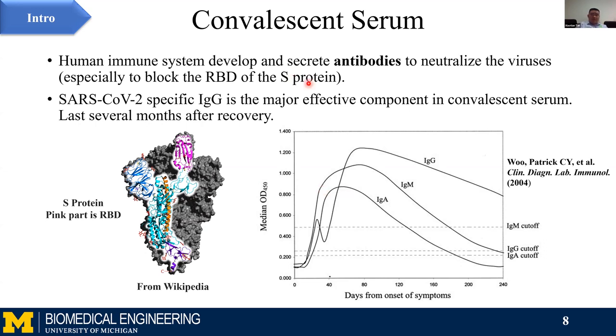And in the convalescent serum, SARS-CoV-2 specific IgG, especially S1 or S1 RBD specific IgG, is a major effective component. It will last several months after the recovery. So we can use IgG as a therapeutic agent for treating critical COVID-19 patients.